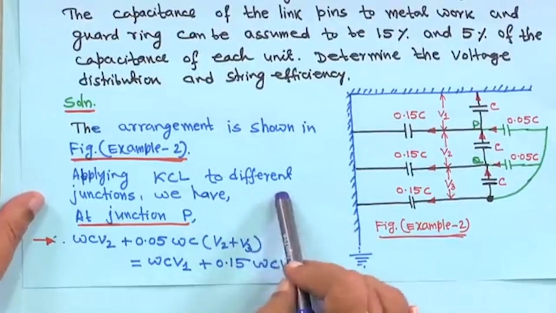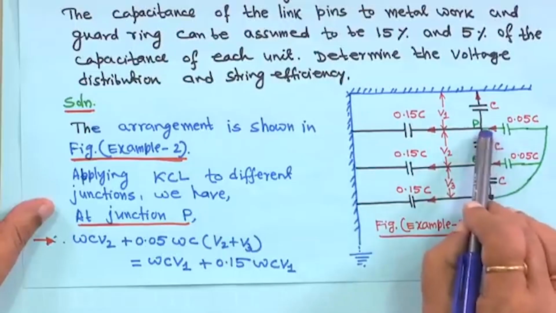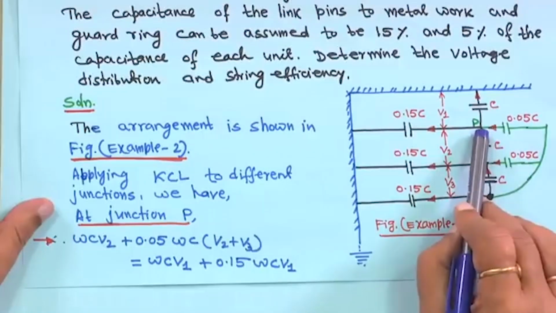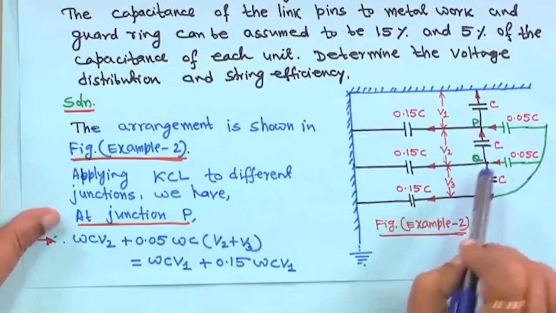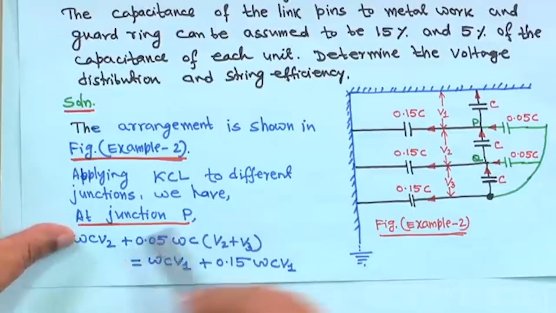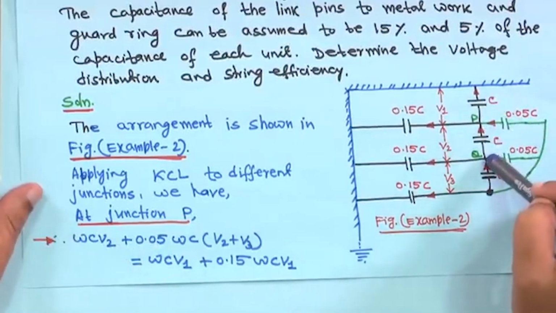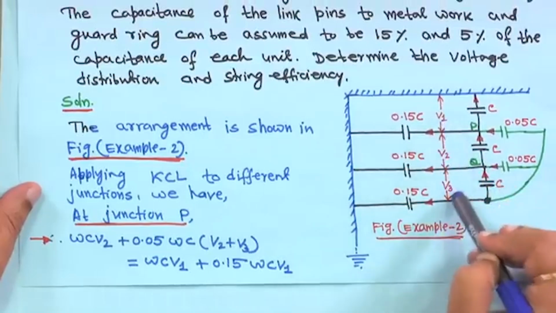So, applying KCL at different junctions, at junction P, you apply KCL. If you do so, you will get omega C V2, because voltage across this one is V1, voltage across this one is V2, and voltage across this one is V3, shown here as V1, V2, V3.